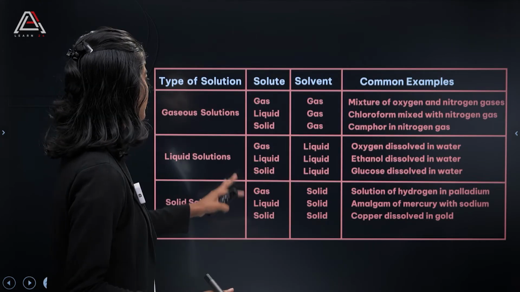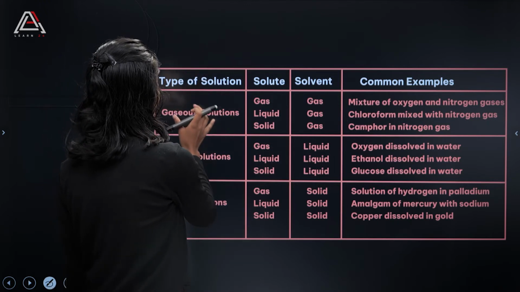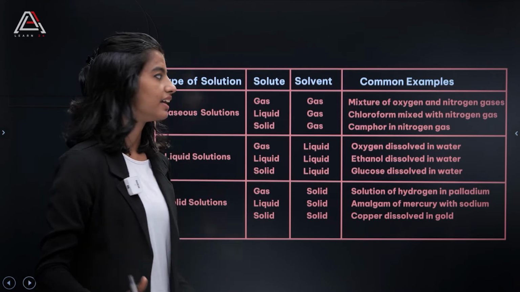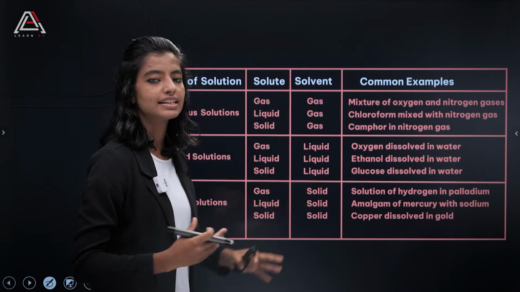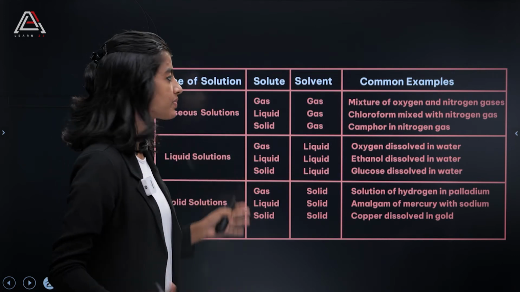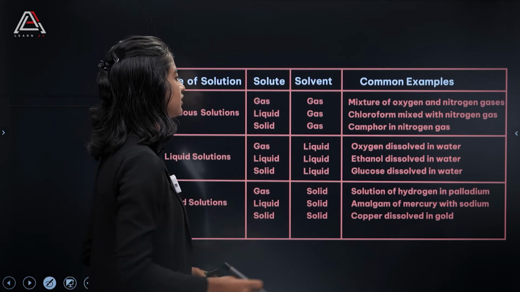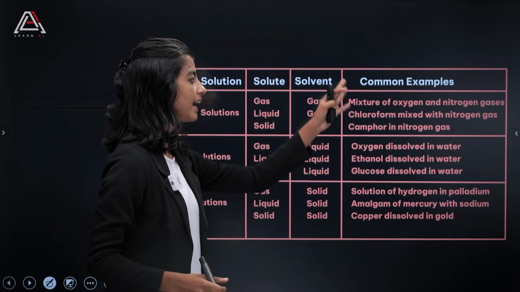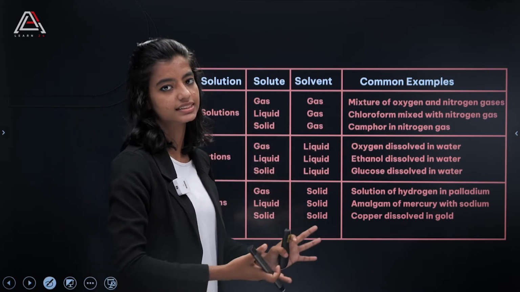Let's look into this table. The solution must be a gaseous solution if the solvent is in gaseous form, right? Yes, I took all the solvents as gases, so the solution will be in gaseous form. And I took three different types of solute: gas, liquid, and solid. Let's look into the examples of these types of solutions.